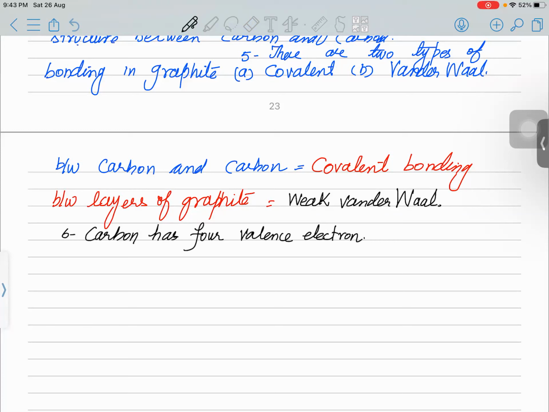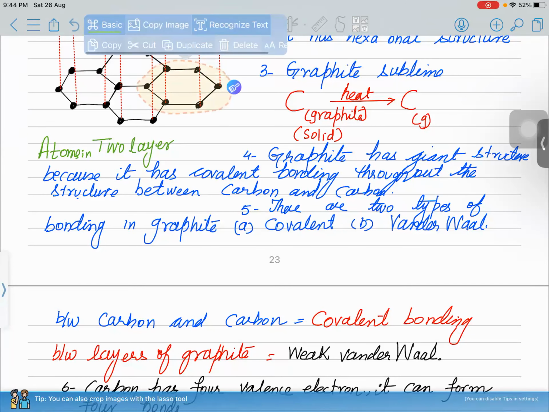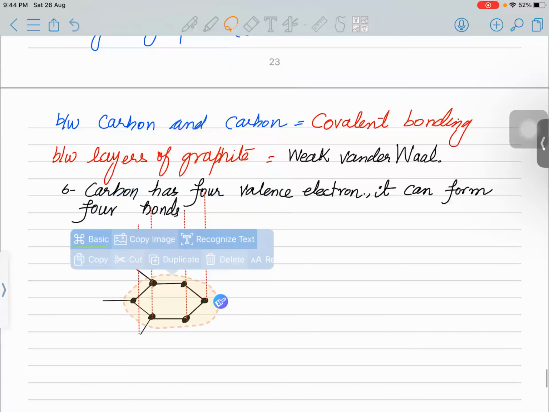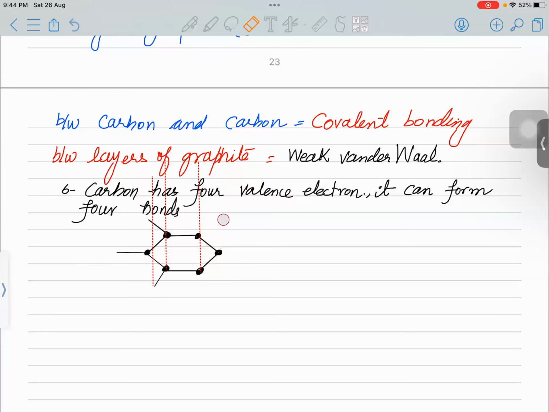Now, it means it can form how many bonds? Yes, 4 bonds. So it can form 4 bonds.